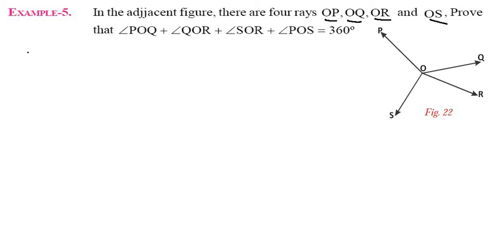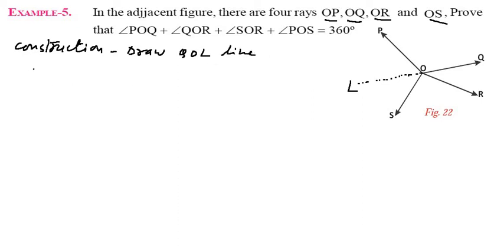First of all, you can do a construction. Draw QO up to L. So the construction is to draw the line QOL.